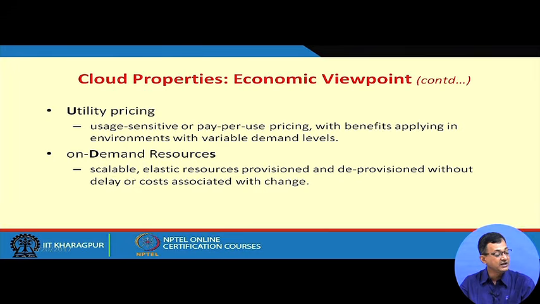So, scalable, elastic resources are provisioned and deprovisioned without delay and cost associated with the change. There should be minimal human or managerial involvement, so that as I go forth, my resource provisioning and deprovisioning should happen.